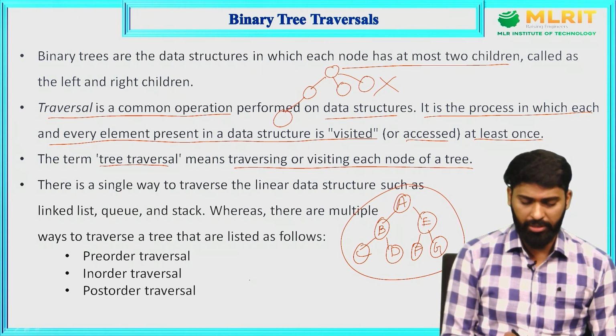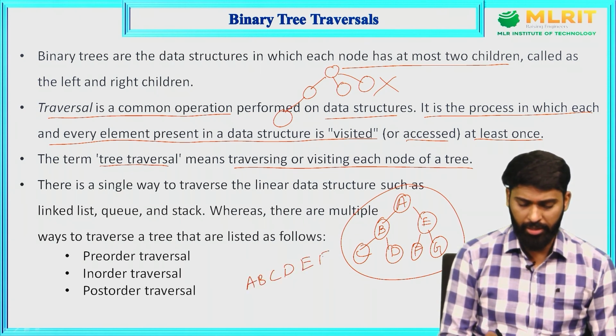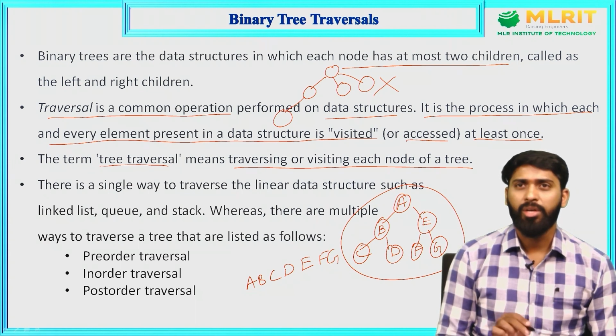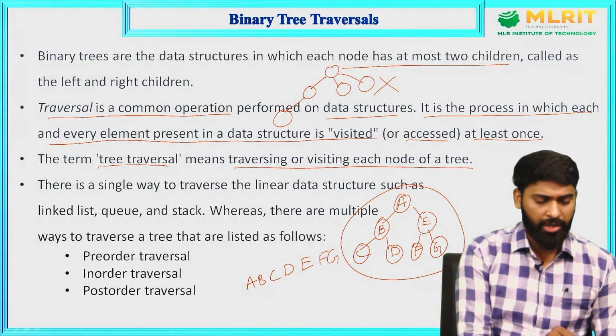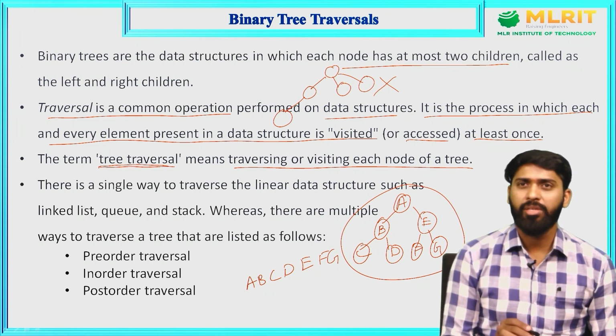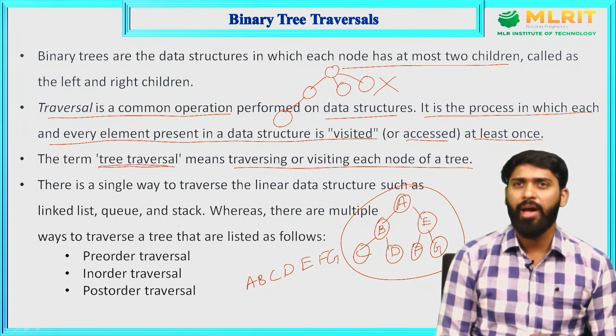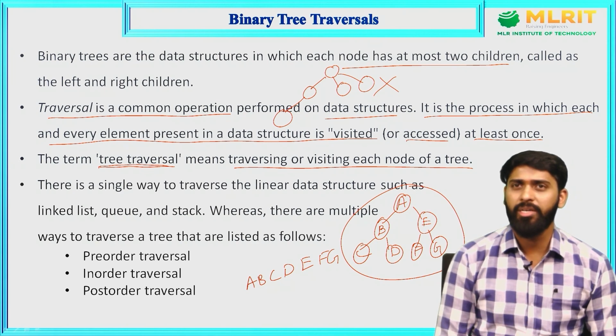So, maybe it is A, B, C, D, E, F, G. If you access all the elements in the tree, we call that a tree traversal. So, traversal means visiting or accessing all the nodes in the data structure, and tree traversal means visiting all the nodes present in the tree data structure.